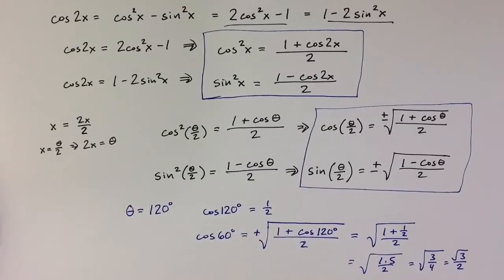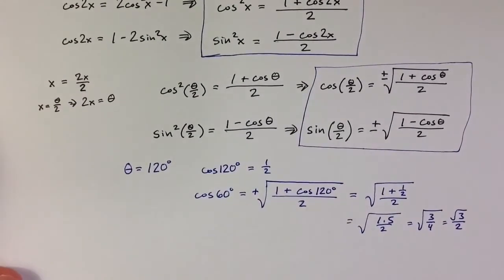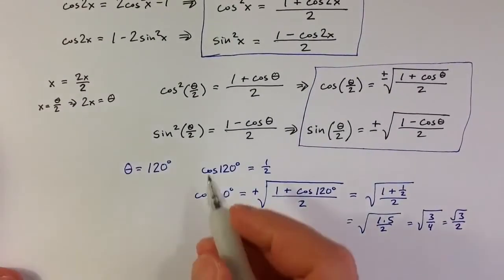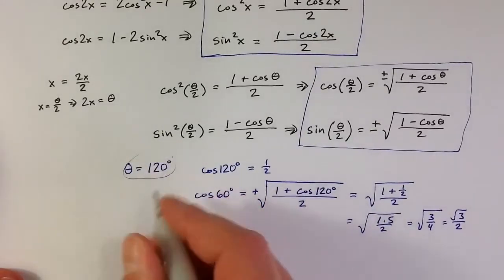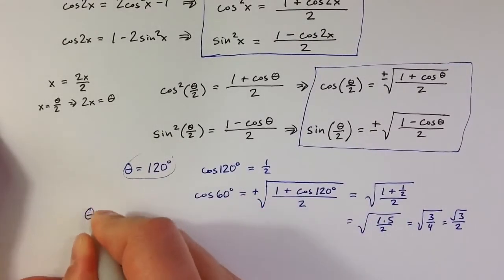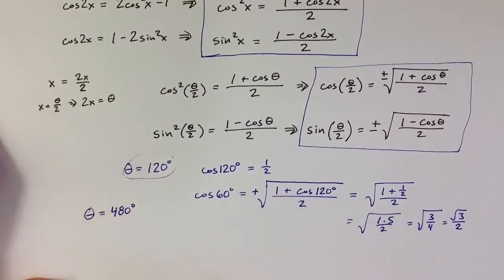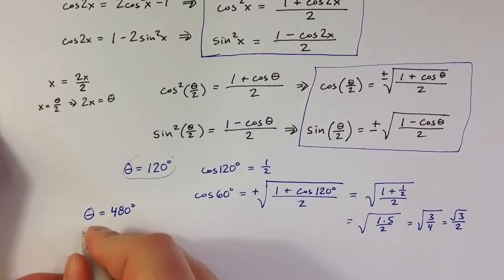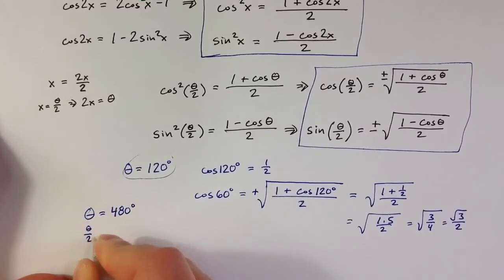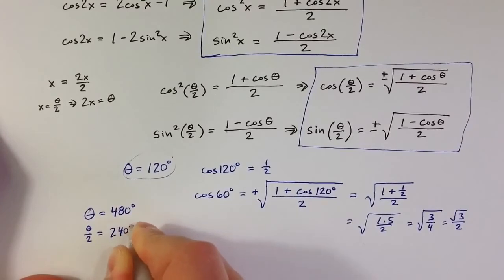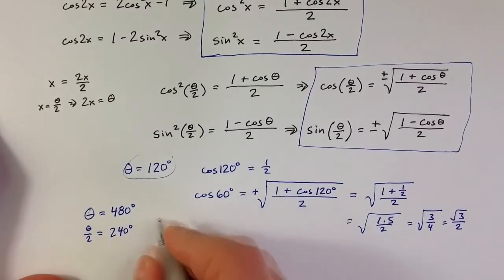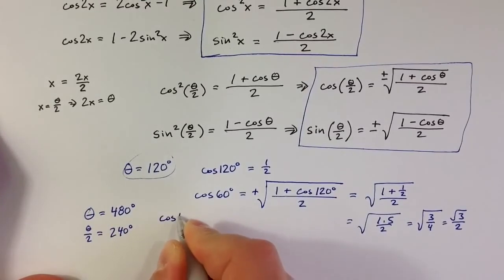So with that example in mind, let's think about what would happen if I add one full rotation to 120 degrees. What if we took theta to be 480 degrees, adding 360 degrees, a full rotation? Then theta over 2 is going to be half that, 240 degrees. Cosine of 480 is going to be the same as cosine of 120.